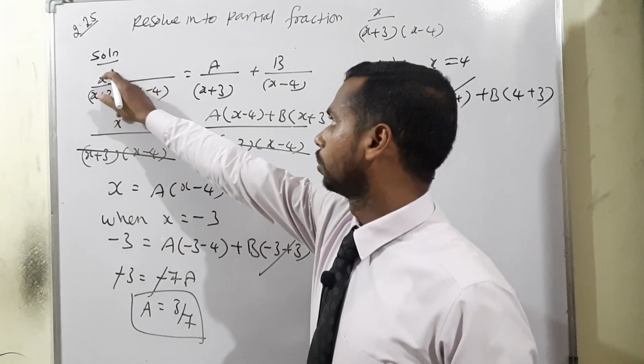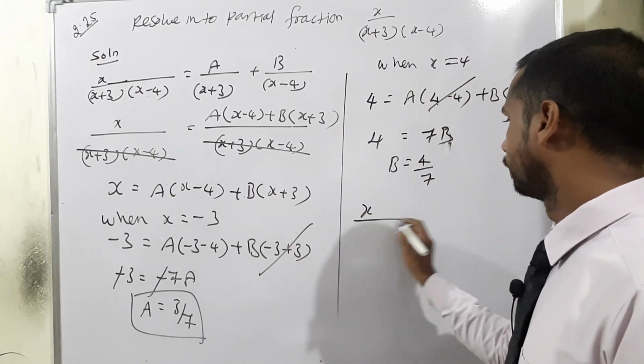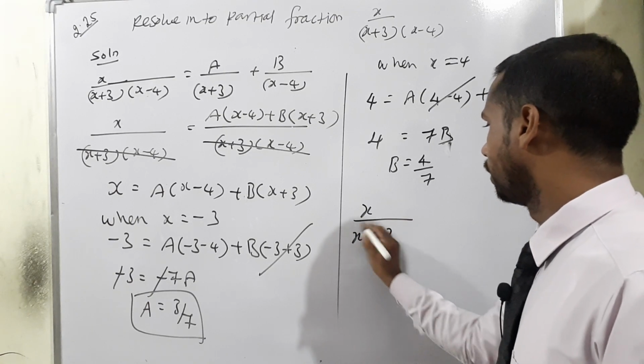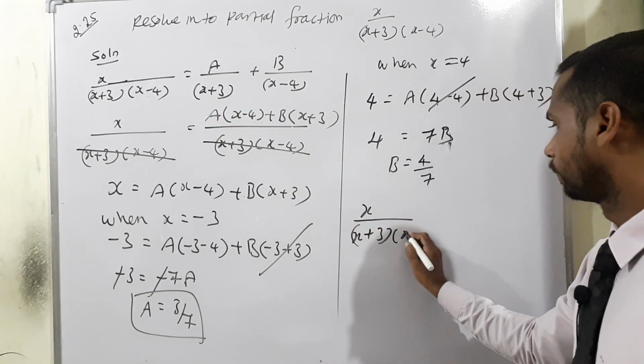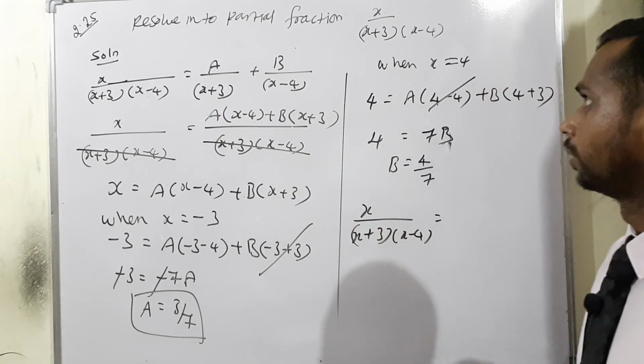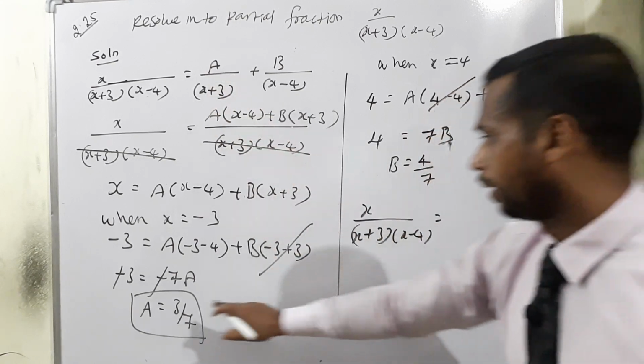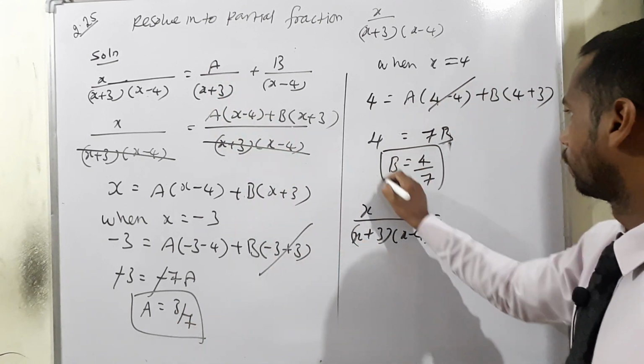Now, what is the question actually? x by x plus 3 into x minus 4 will be equal to a value. What is the a value? 3 by 7. This is the b value.